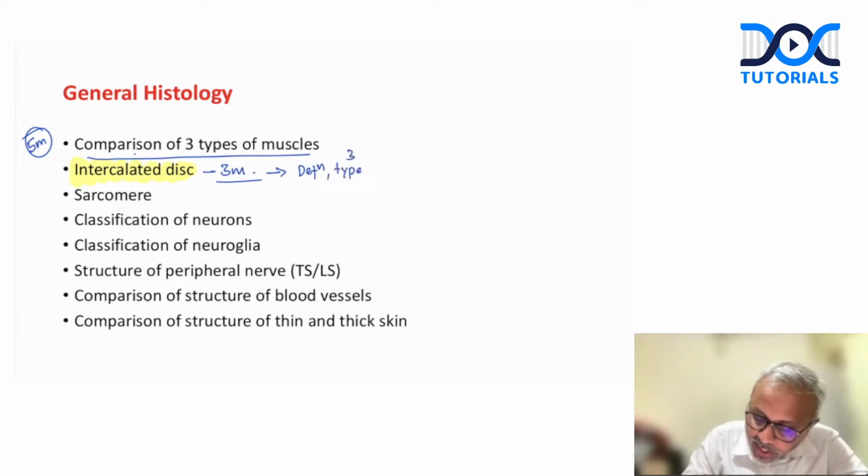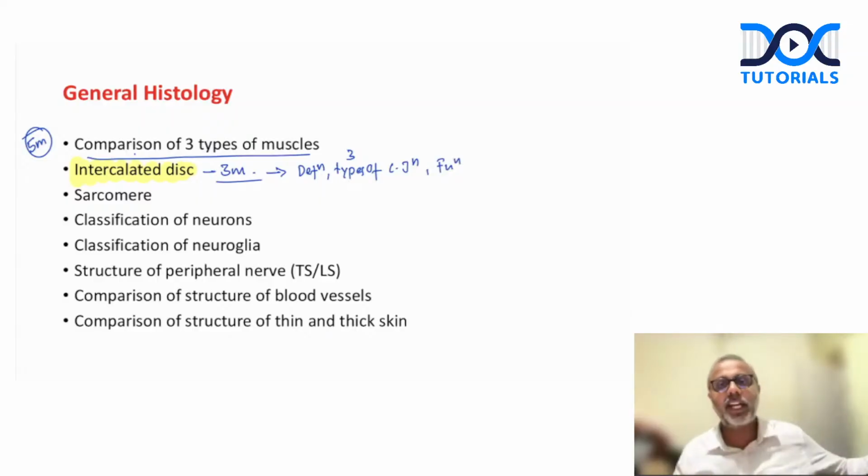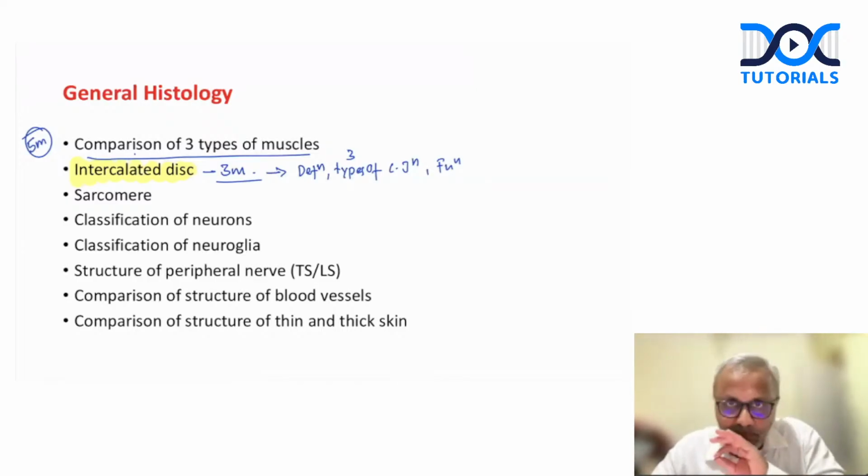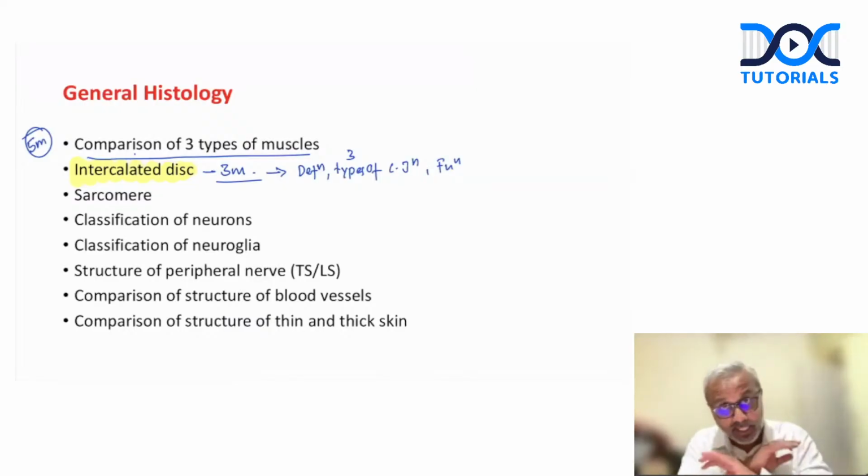How many types? Three types of cell junctions which are present there. End it with function. 3 marks, 3 headings. Done. Right? So in cardiac muscles, this is one topic that you need to be absolutely prepared for. Right? I mean, in the entire topic of muscular tissue.